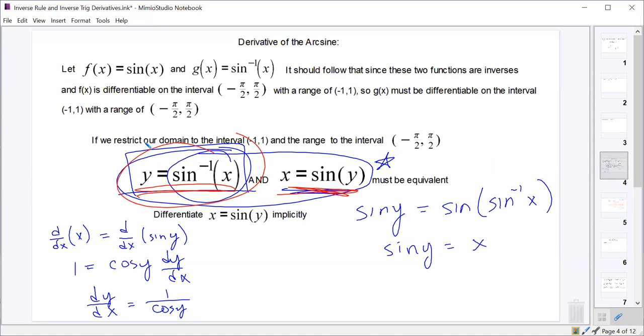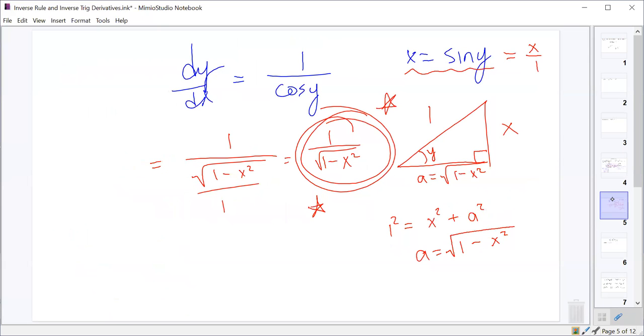So the dy dx for this should be the same as the dy dx for this. We found the dy dx to be 1 over cosine y. Went over here and said, well, if that's true and this is true, because this is what we started with, x is sine y, we can find what cosine y is using a right triangle and plug it in. Pretty cool, huh? Yeah, it is pretty cool. So you can find the derivatives of the other 5 inverse trig functions in a very, very similar manner.